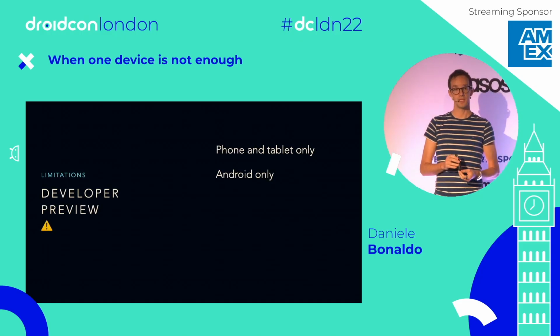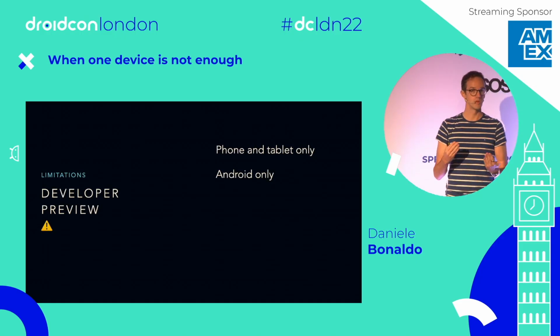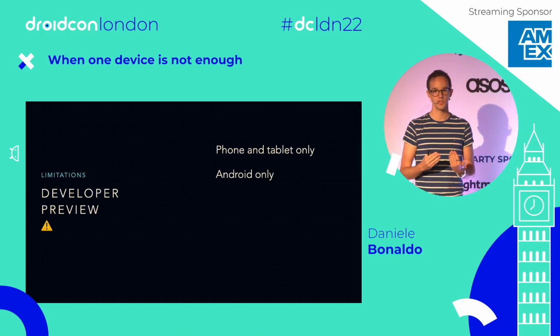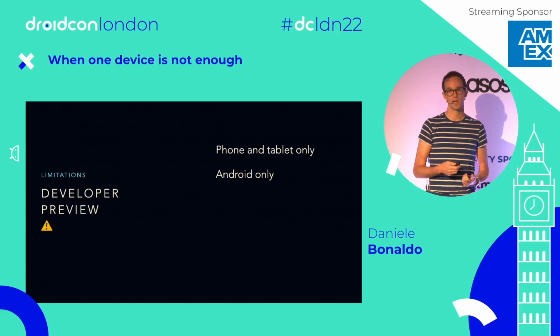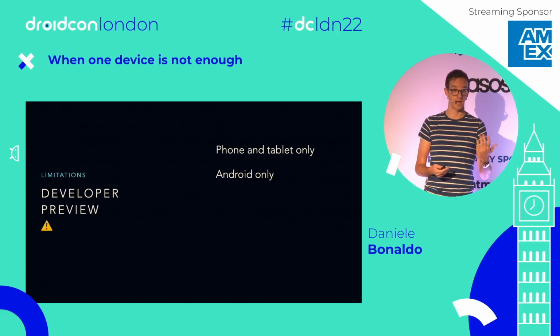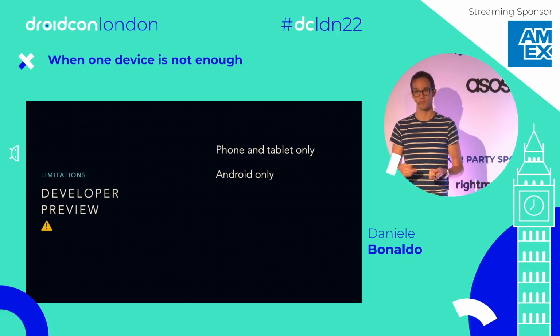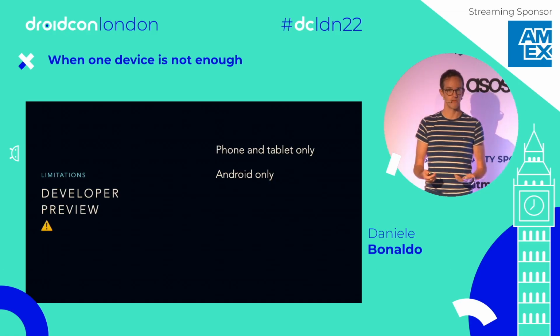At the moment, it's only for Android, so multiple devices, but they must be running Android, while there is already a plan to release it for iOS, desktop, Mac, Windows, so it's going to cover way more scenarios.